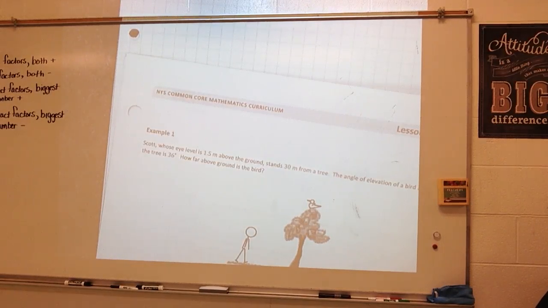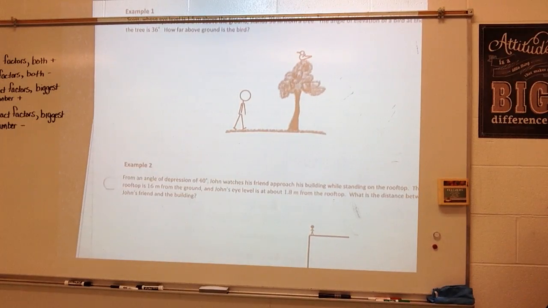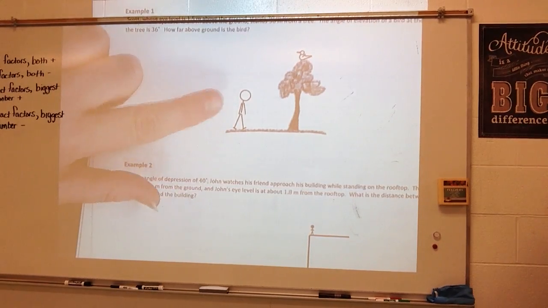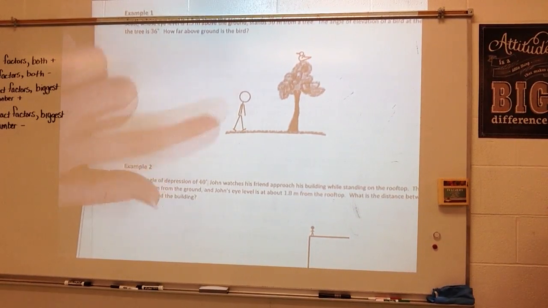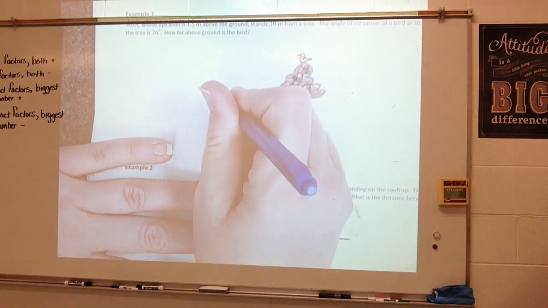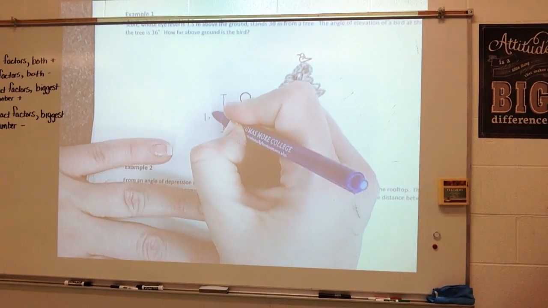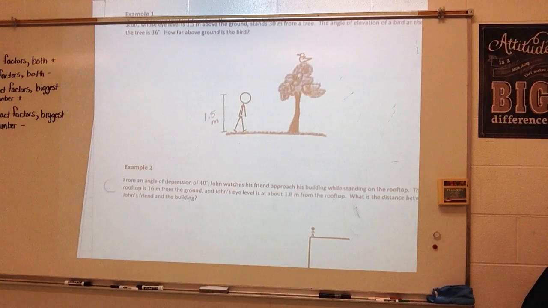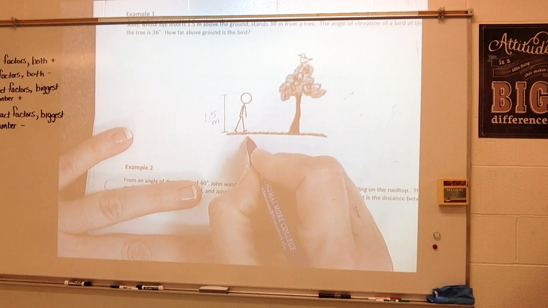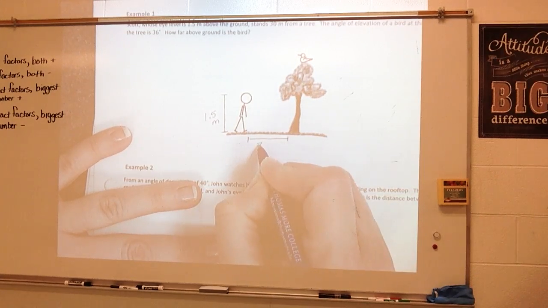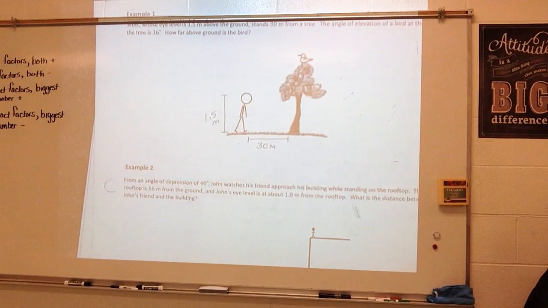Okay, so let's label what we know. Scott's eye level is 1.5 meters above ground, so this right here is 1.5 meters. He stands 30 meters from the tree, so this right here is 30 meters.